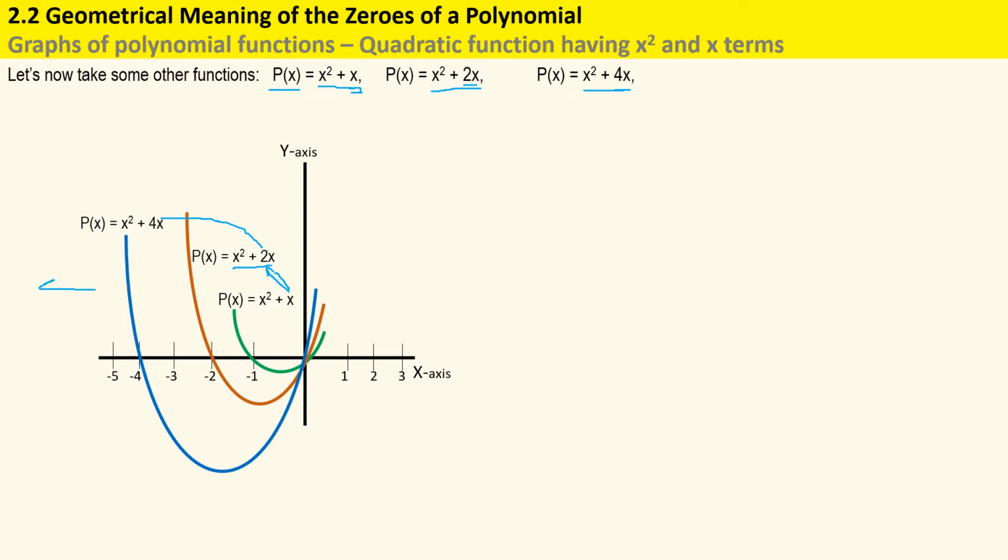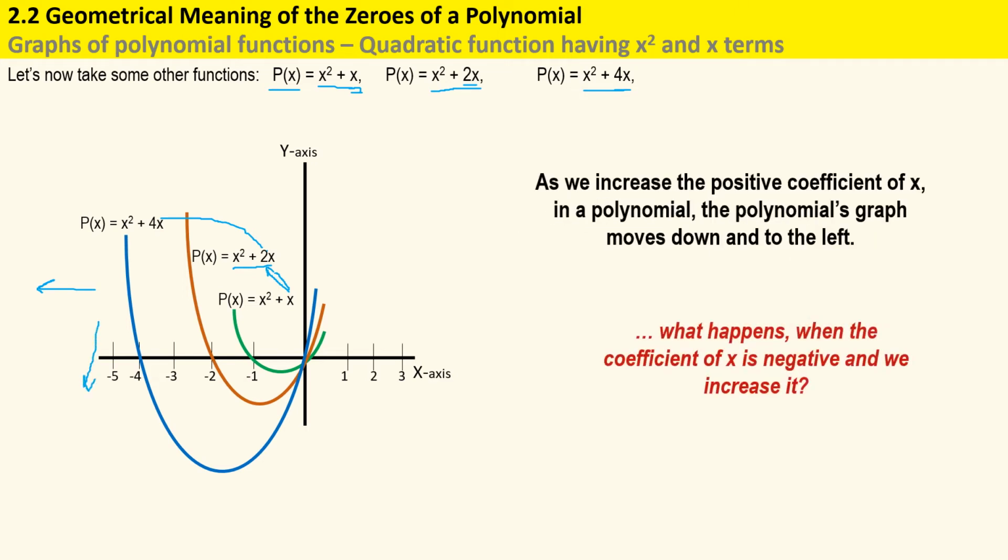So the graph is moving towards the left, and it is also moving down a little bit. So we can say that as we increase the positive coefficient of x in a polynomial, the polynomial's graph moves downward and to the left. If you see from green then brown to blue, the graph is moving left and it is also moving down a little bit.